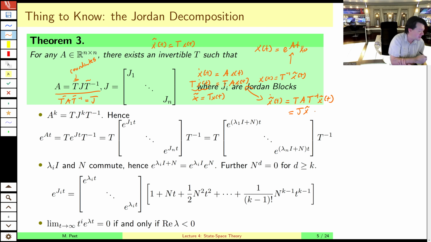In particular, if we look at the solution e to the A t, what this allows us to do is write this as T e to the J t T inverse, and you can show that we can pull the T's out of the matrix exponential, and just get that J there up in the exponent.